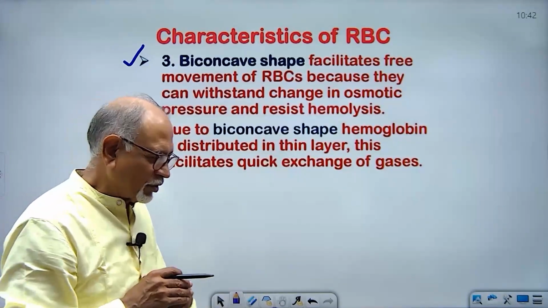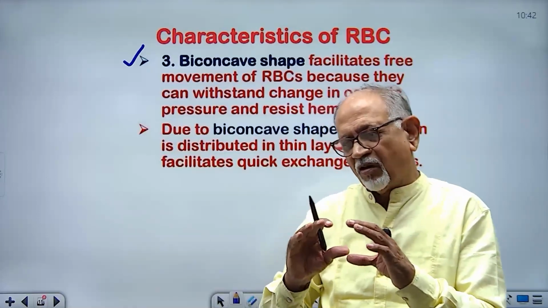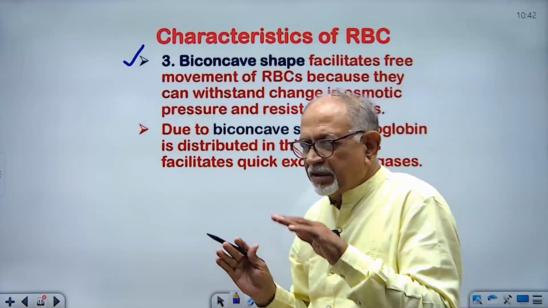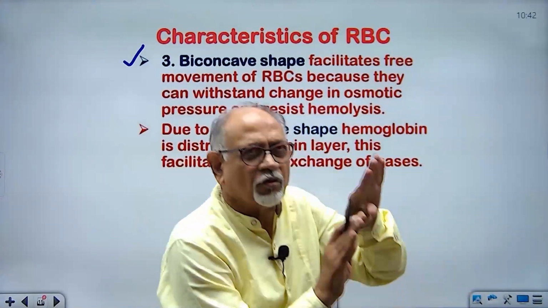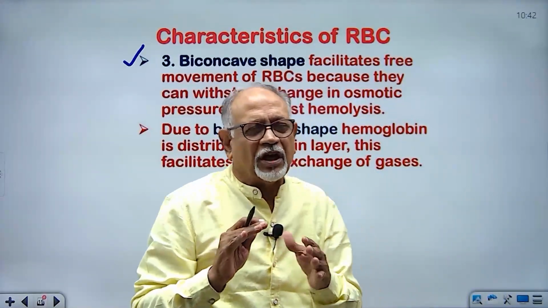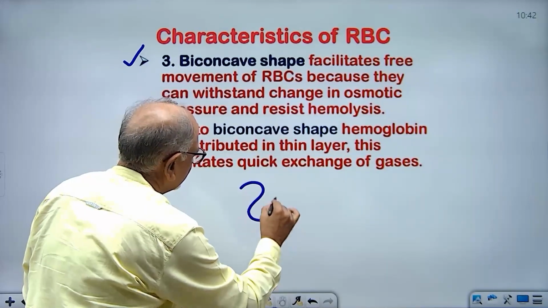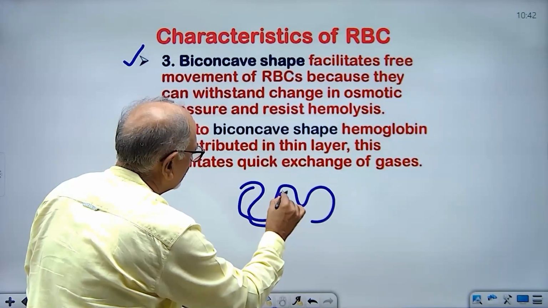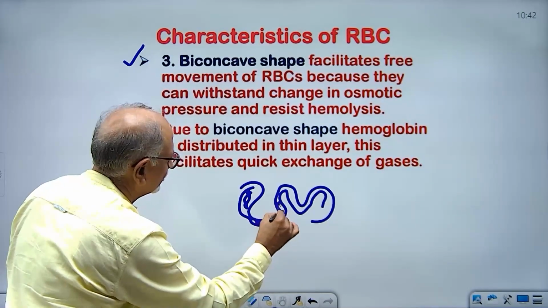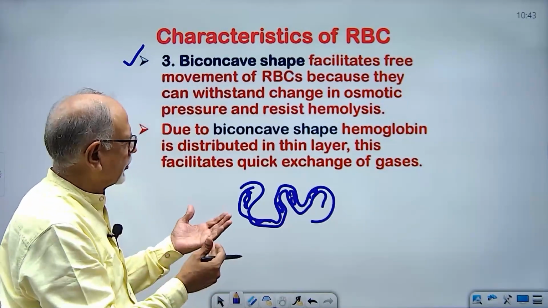Say for example, if you have to pass through a barbed wire boundary, then you have to pass like this, you have to pass like this through that barbed boundary. And similarly, what happens when there are tortuous blood vessels, the RBCs pass like that. So they can easily withstand the pressure.